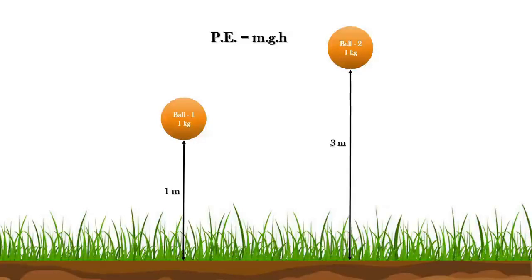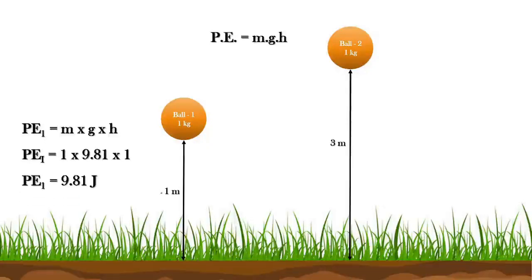First we calculate the potential energy held in ball 1, which will be equal to mgh. Here m is 1 kg, g is 9.81 meter per second square, h is 1 meter. Hence we get the value of potential energy equal to 9.81 joule.